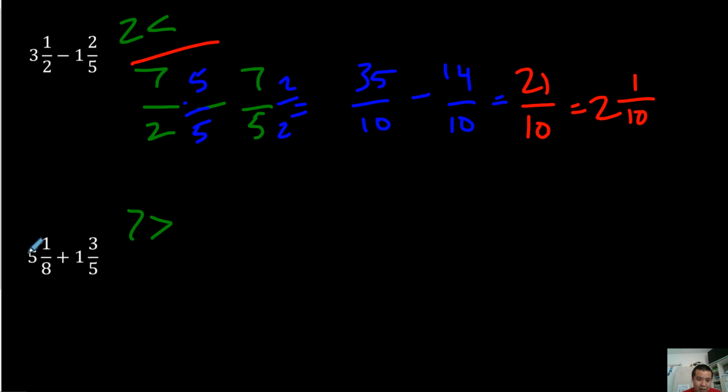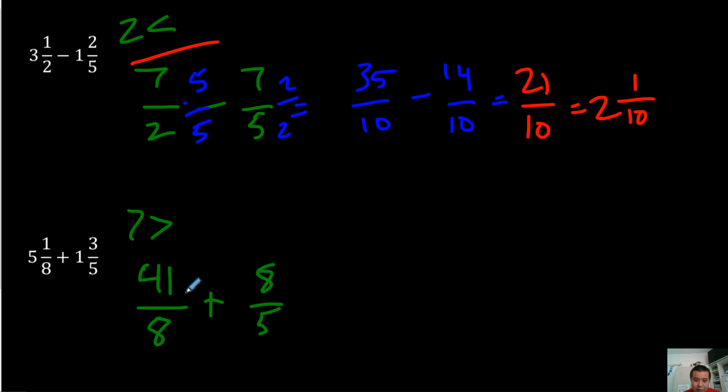So 5 times 8 is 40, 41 because of this plus 1, so we have 41 over 8. Plus 1 times 5 is 5, plus 3 is 8 over 5. Our least common multiple between 8 and 5 is 40.